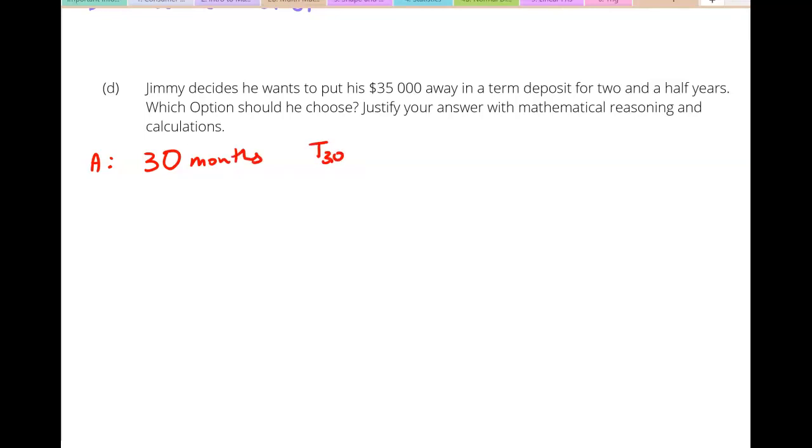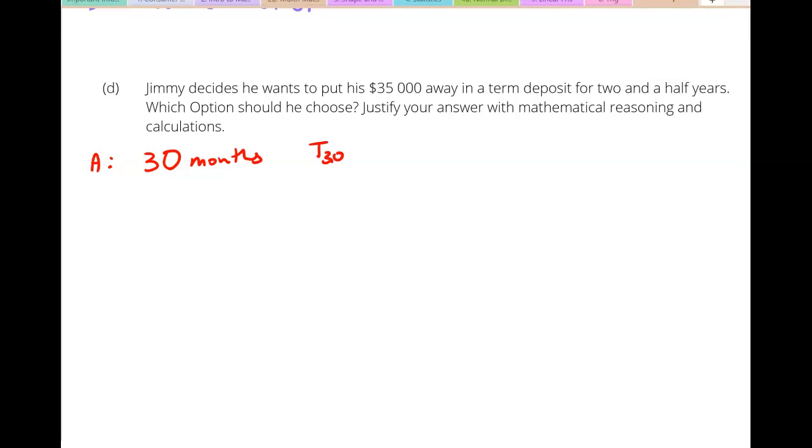The first option, A, 2.5 years, how many months is that going to be? 12 months a year, 12, 24 plus another 6 makes 30. So in option A, it's 30 months. So we want to see what the figure is at T30, not the one that I wrote down before.